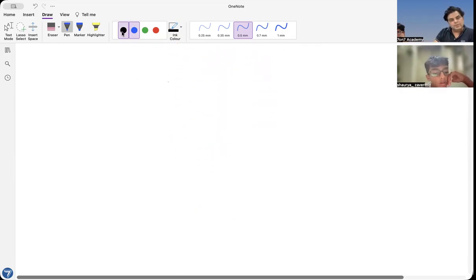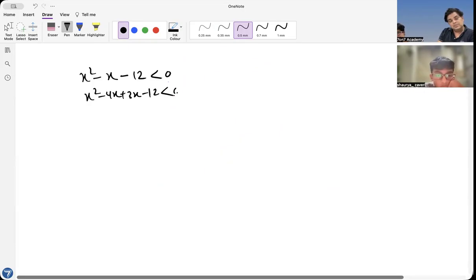Now I'll move ahead with the other questions. Suppose I have x square minus x minus 12 less than 0. Can you tell me how to solve it? First step is to get the factors. So the factors: x square minus 4x plus 3x minus 12 less than 0.